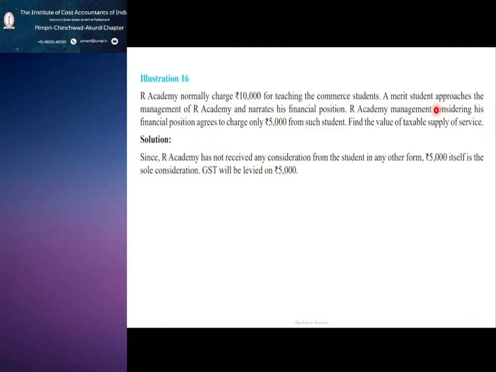A merit student approaches the management of our academy and narrates his financial position. Our academy management, considering his financial position, agrees to charge only 5,000 from such student. Find the value of taxable supply of services.